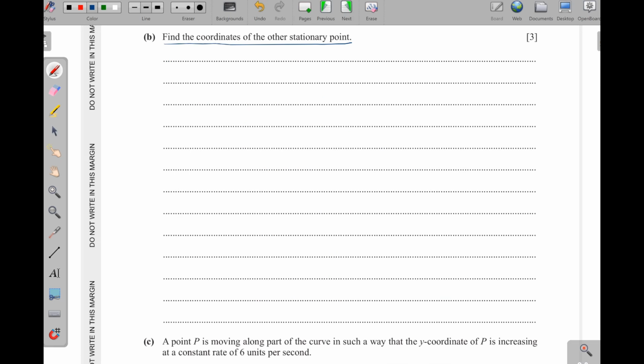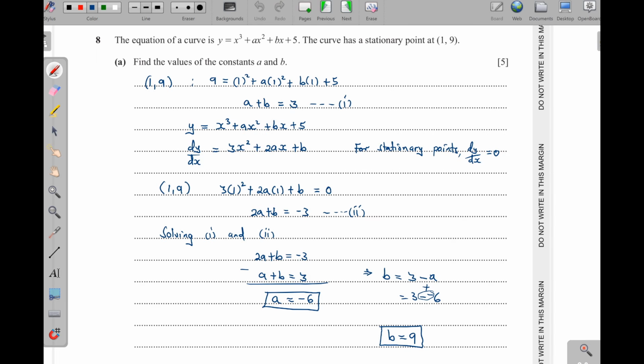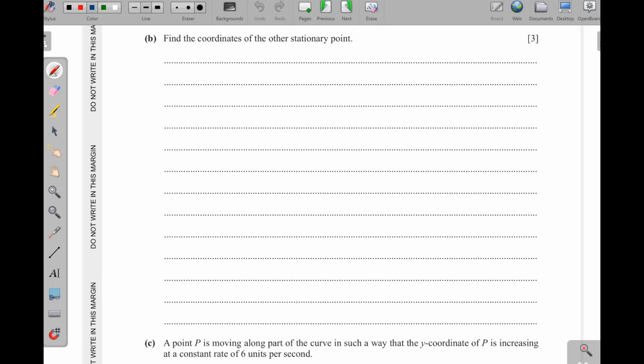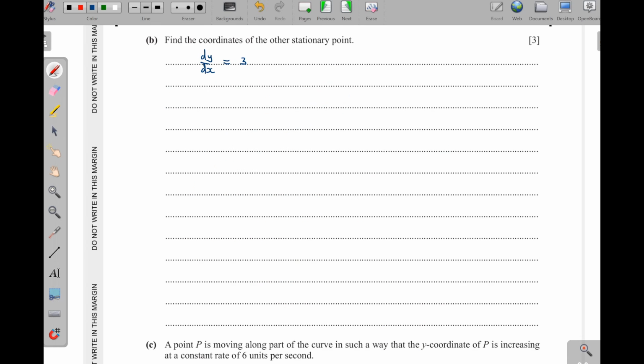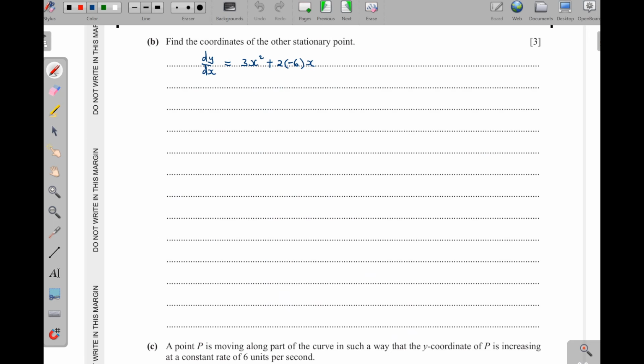Part b, find the coordinates of the other stationary point. So we shall get our dy/dx here. We got it as this, okay? 3x squared, our dy/dx is going to be equal to 3x squared, then plus 2ax, 3x squared plus 2, our a, we have gotten it as -6, not so, of x, then plus b.